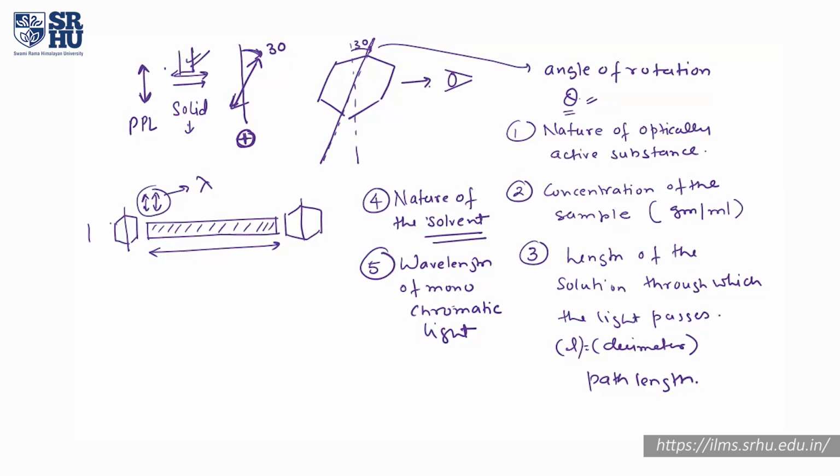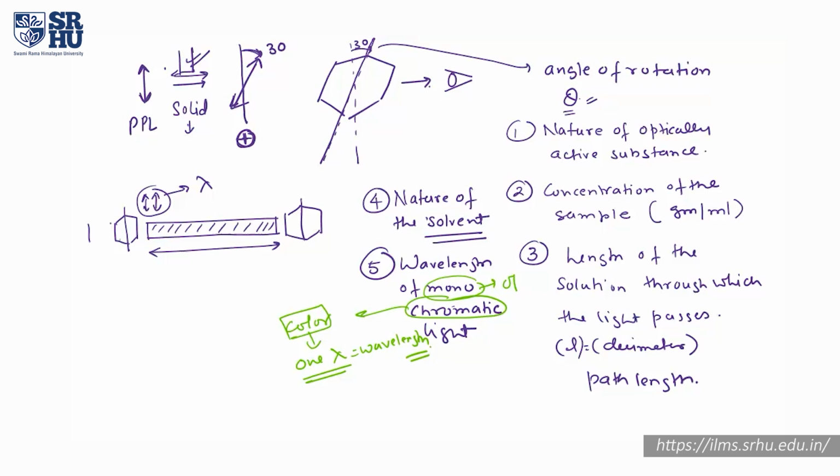Monochromatic: chroma means color, mono means single, so only one color. Technically it means only one wavelength. So monochromatic light consists of only one wavelength.